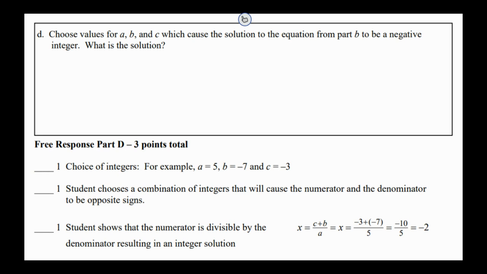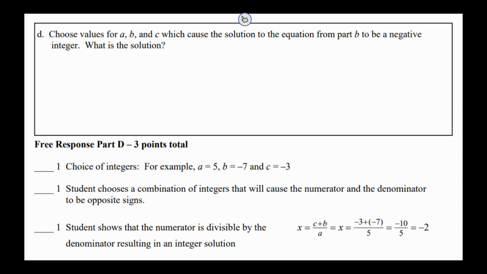And you show your work showing that the numerator is divisible by the denominator, resulting in an integer solution.